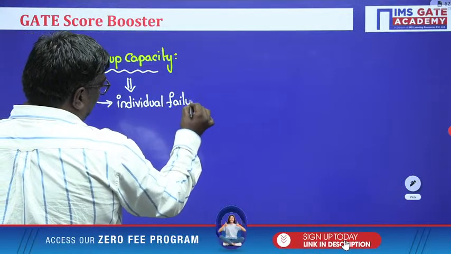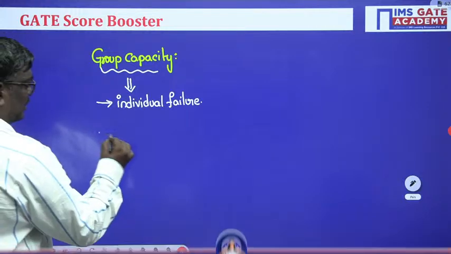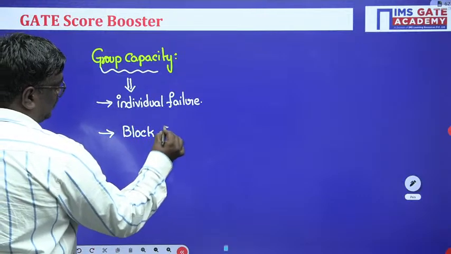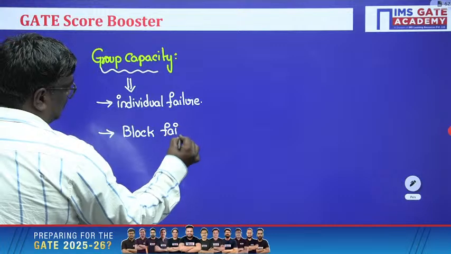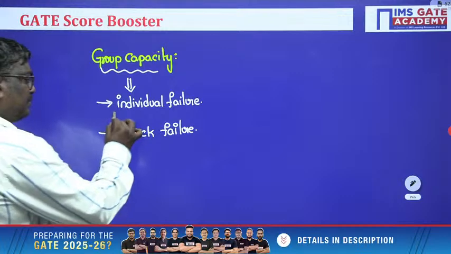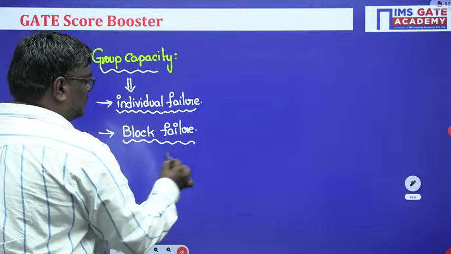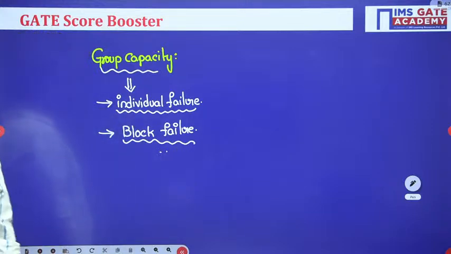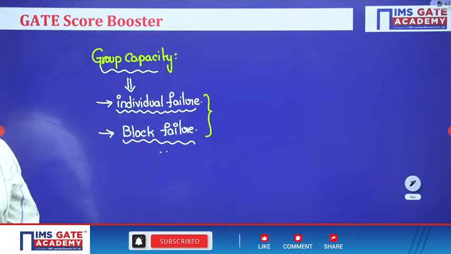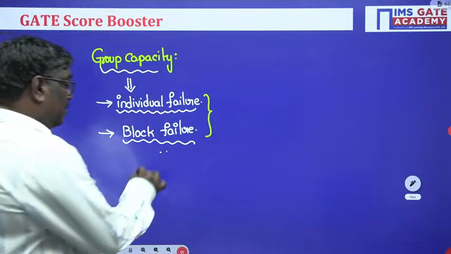Similarly, you should understand what is block failure. You will calculate the load in both the cases. The minimum will be your ultimate, or you can say group capacity. Minimum of both the values.